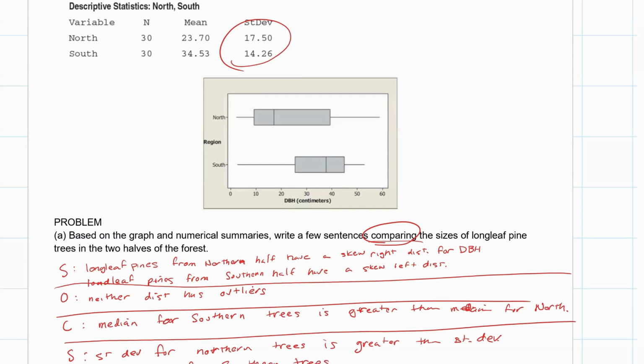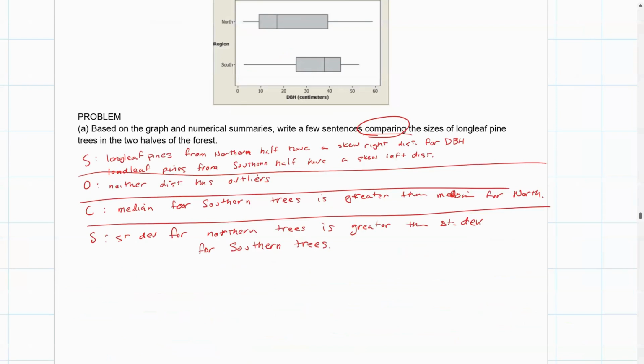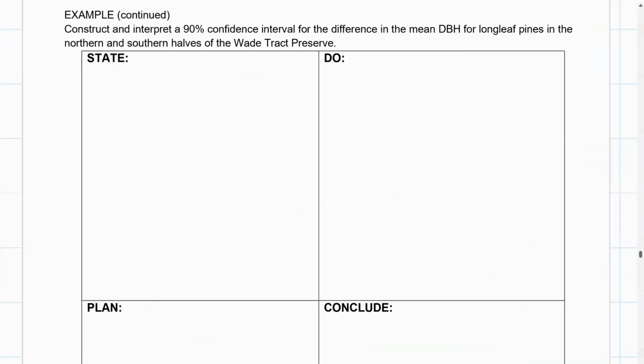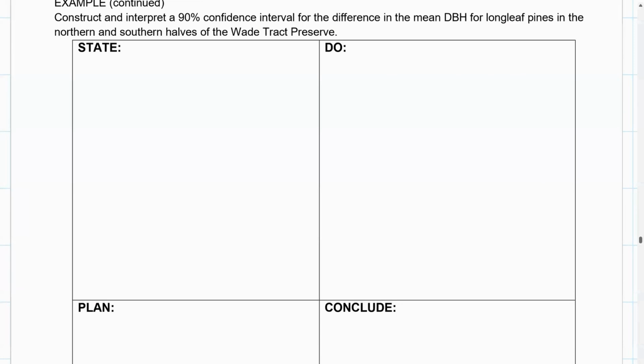There we go. So that gets us through an overview, but now what's being asked of us is to construct and interpret the 90% confidence interval. Four-step process, let's jump right in.